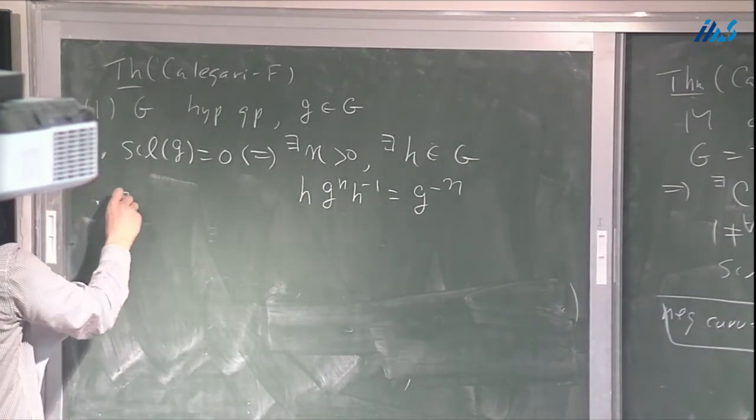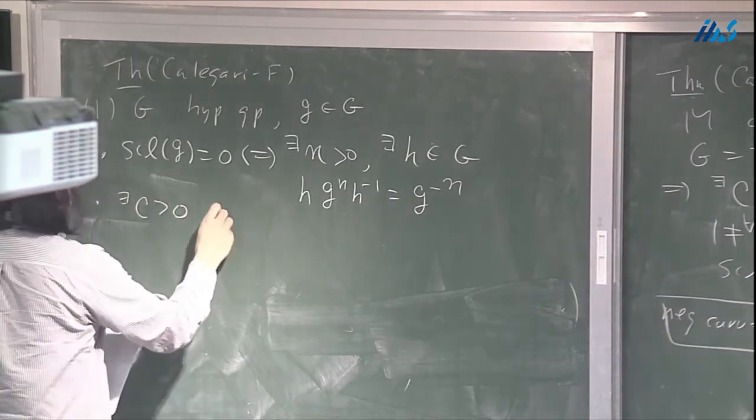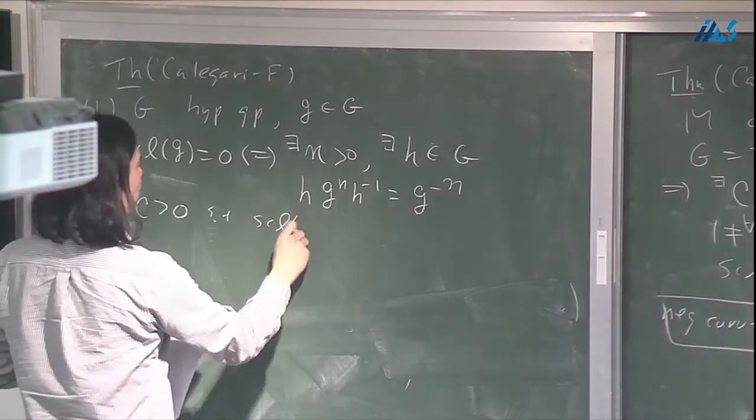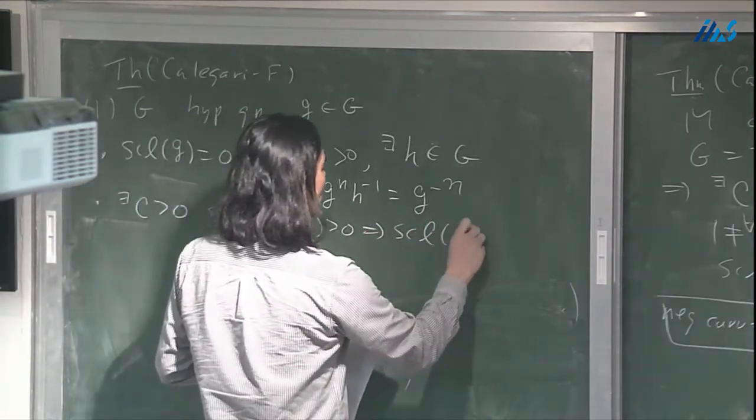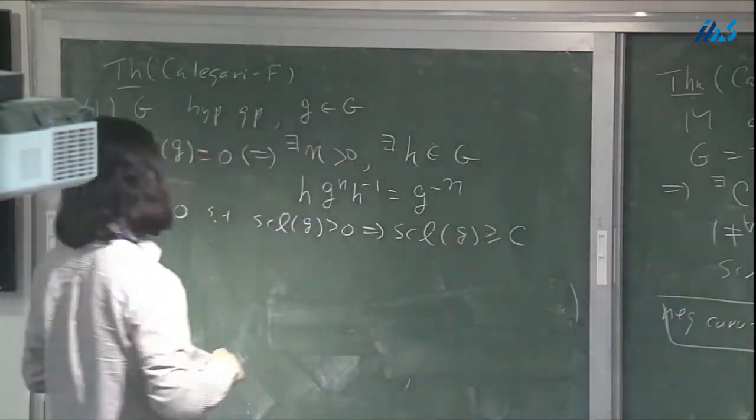And moreover, there exists a constant C such that if the stable commutator length of g is positive, then actually it's at least C.